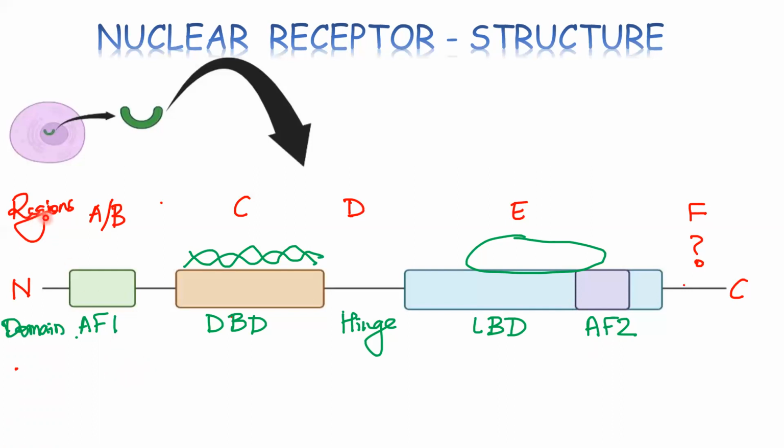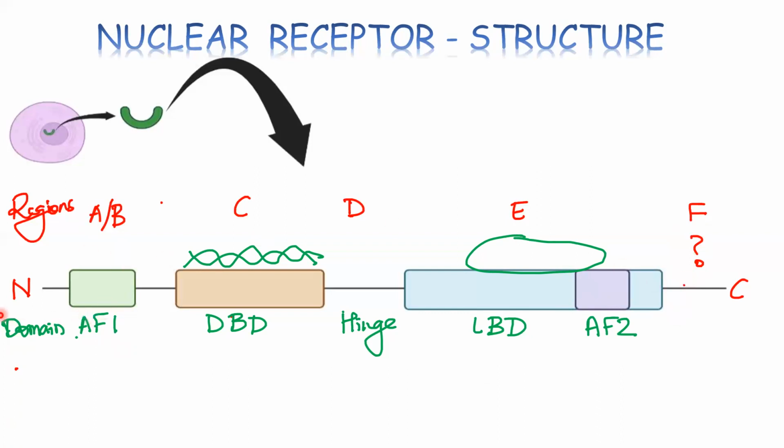If I have to talk about these regions, we have 6 regions in the nuclear receptor structure, namely A, B, C, D, E, F, of which F has yet to be classified and characterized. There's more study going on it, so up till then, I think we can keep F aside.